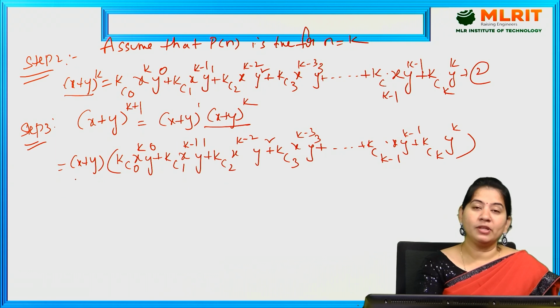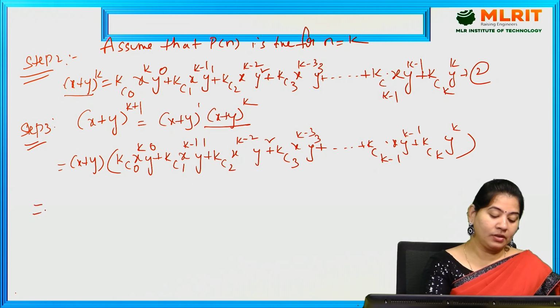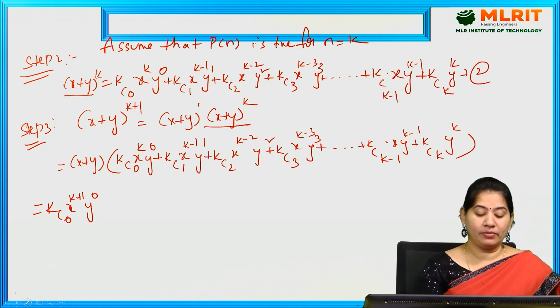Now x plus y is there, just multiply these x and y terms to all the terms within the bracket. Then what you will get here is kC0 x power k plus 1 y power 0.